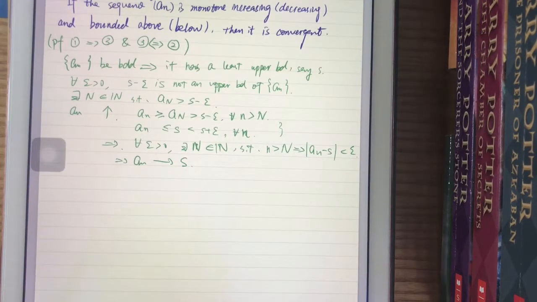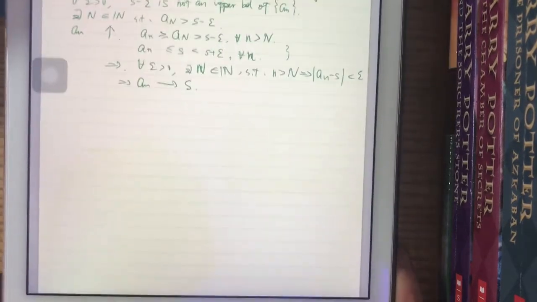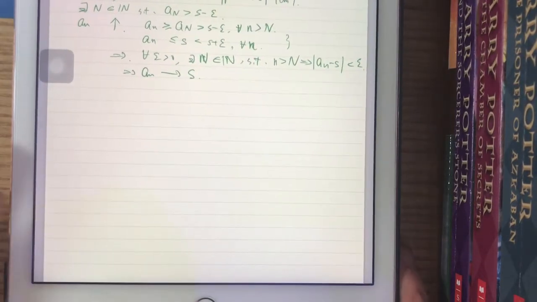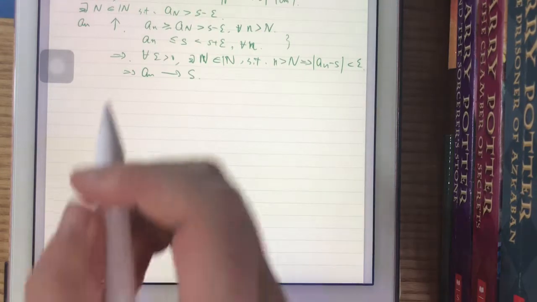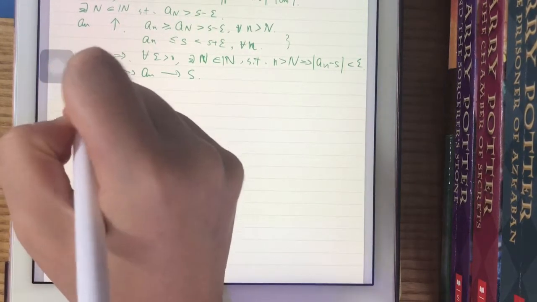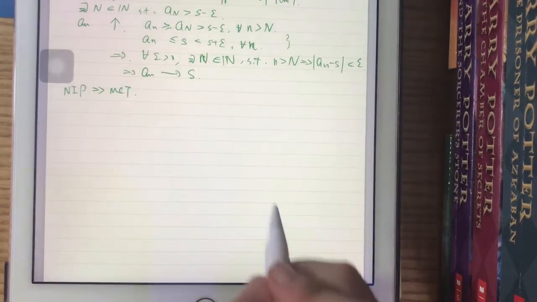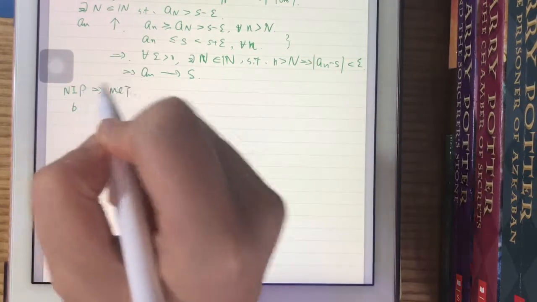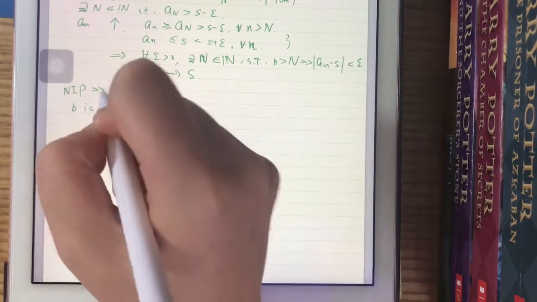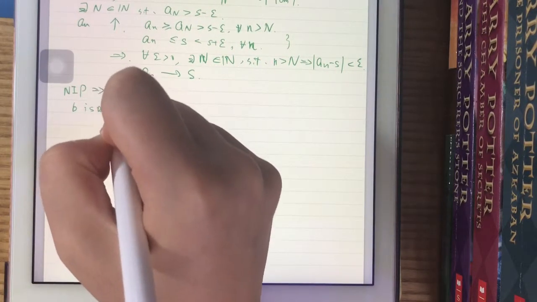Okay. Now let's prove it from another perspective, from the nested closed interval property to the monotone convergence theorem, NIP to MCT. Okay, say we have B_n is an upper bound of A_n.